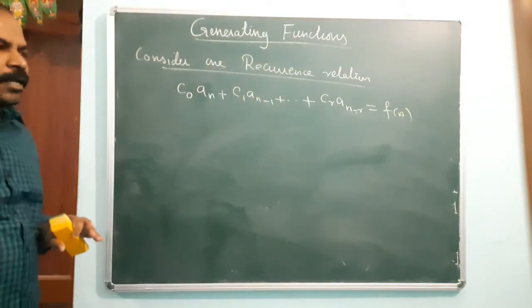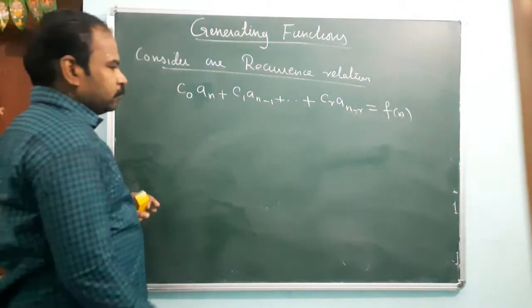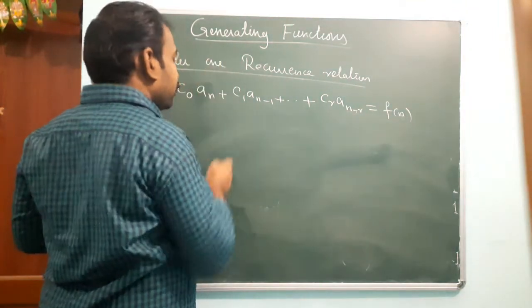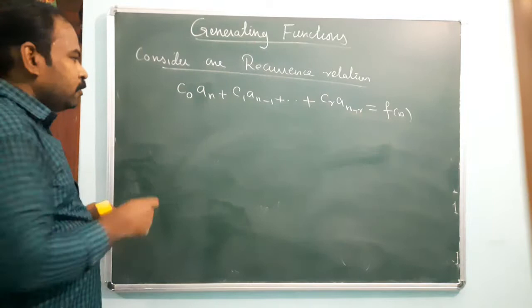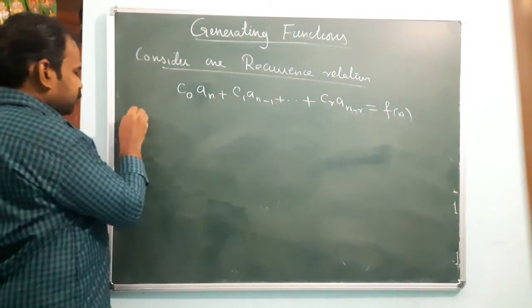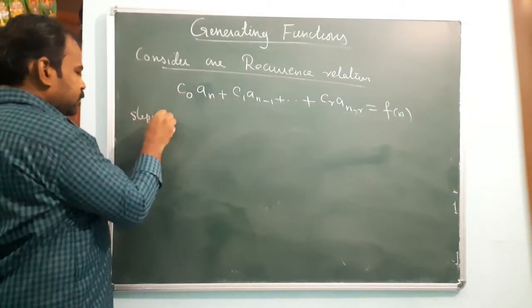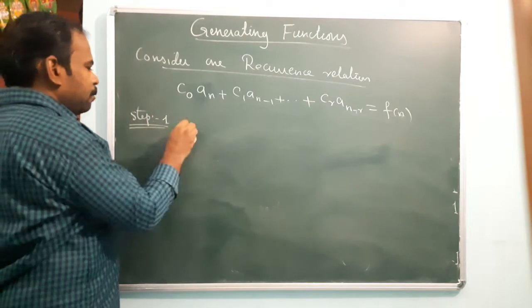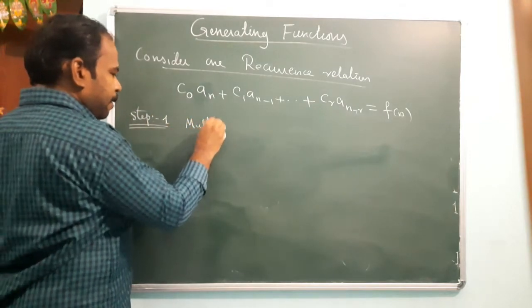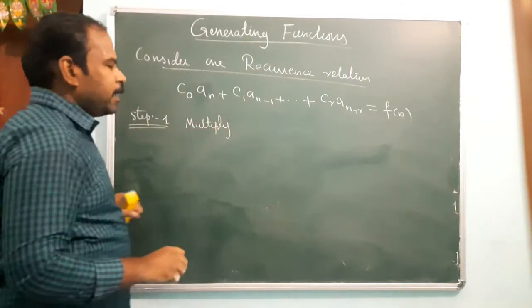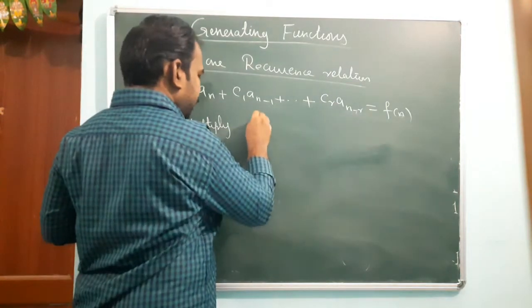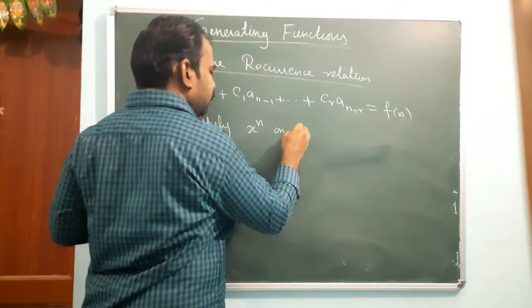Consider this recurrence relation. First, step 1: multiply x power n on both sides.